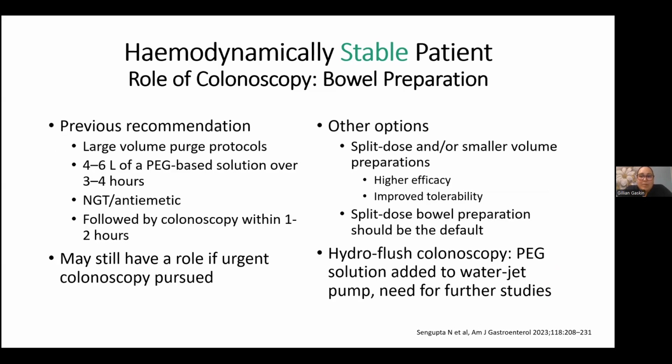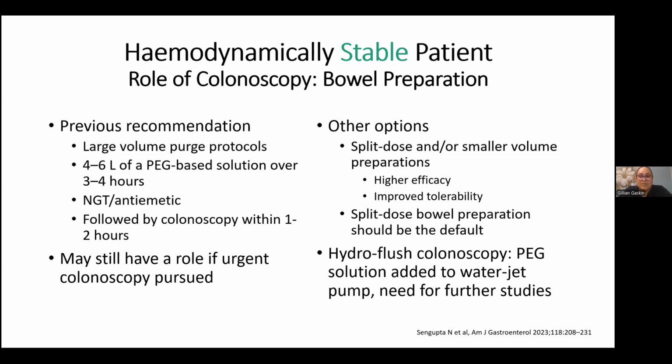So with the changes in timing of colonoscopy for stable major bleeds, there's also a shift in recommendation regarding bowel prep regimens. The previous recommendation was for large volume purge protocols with 4 to 6 liters of PEG-based solution over a period of 3 to 4 hours until the rectal effluent was clear, given with or without the aid of an NGT and antiemetic. This has been replaced by recommendations perhaps for lower volume split prep, which has provided higher efficacy and improved tolerability, which has been noted in studies.